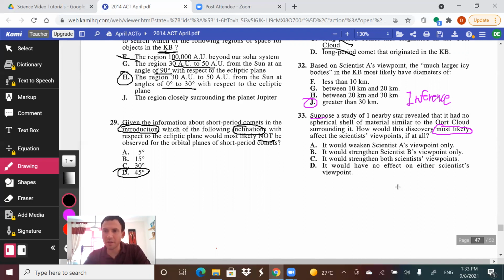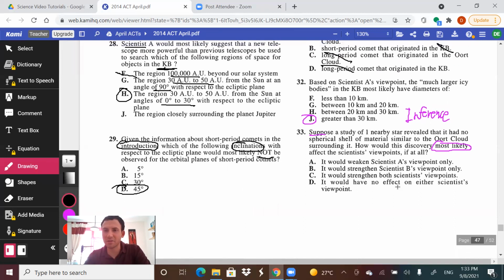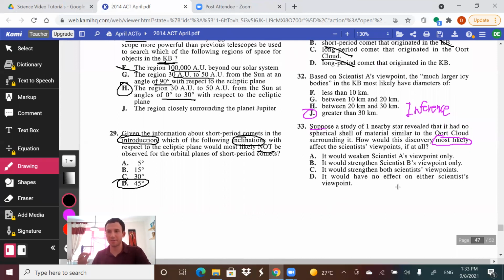So what would this do? Well, scientist B says all of the material comes from way outside the solar system, way on the outskirts of our solar system in the Oort cloud, right? Our comets come from the long period in the Oort cloud and they come in. So this would definitely hurt scientist B's viewpoint.